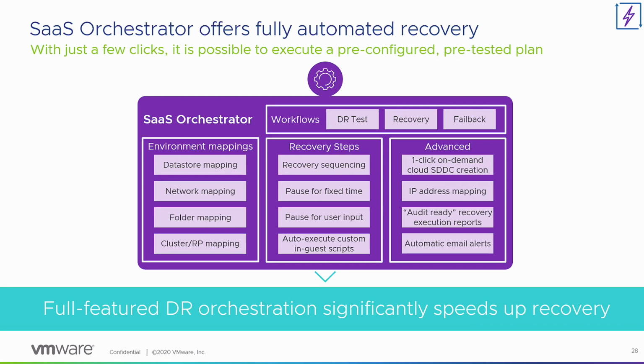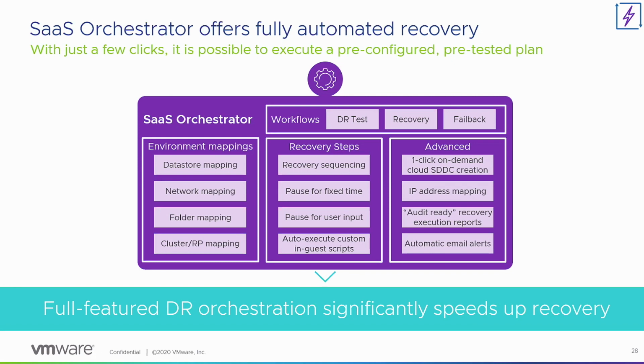And so the orchestrator offers you out of the box the capability to map all of these entities from the production site to the DR site ahead of time, so that when you're actually executing that workflow, it all kind of does the placement automatically. And this is what saves you on that recovery time, what allows anyone, even someone who's not super familiar with your DR plans, to be able to execute it in terms of an outage.